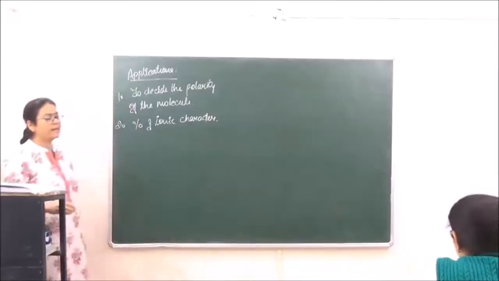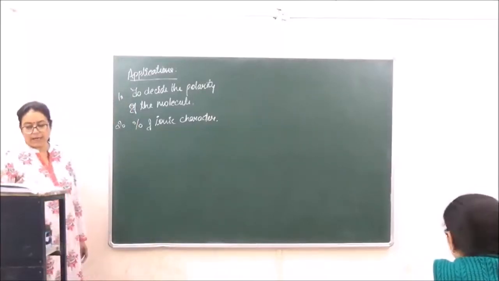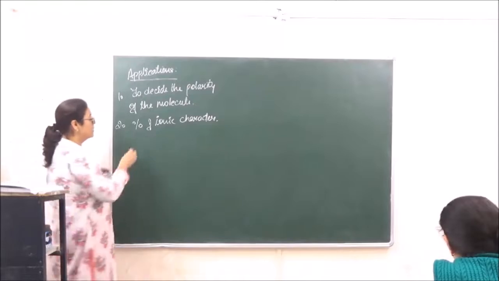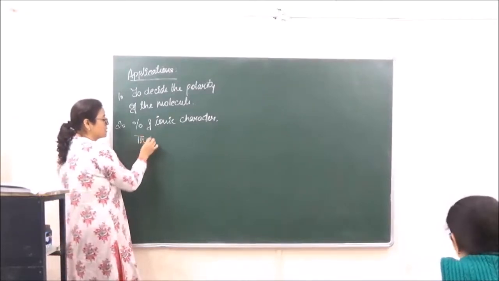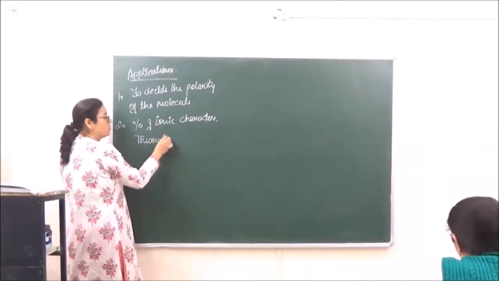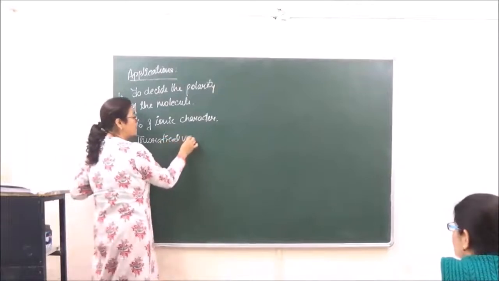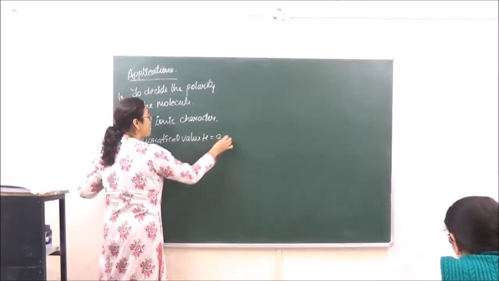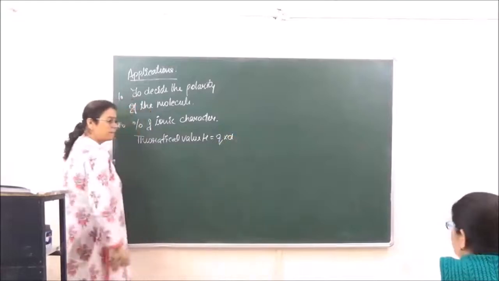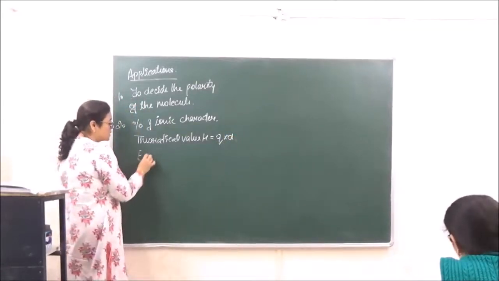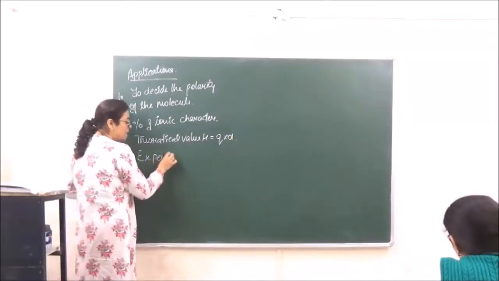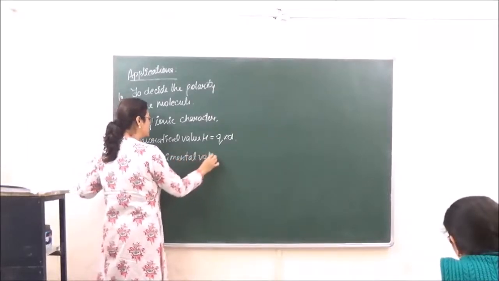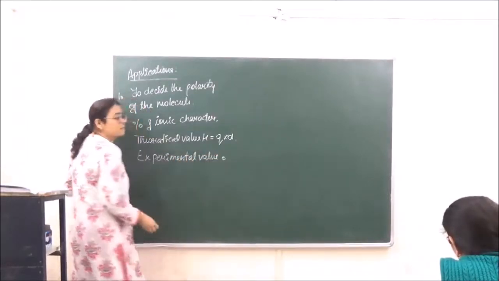Okay? Then number 2, it also helps us to calculate the percentage of ionic character in a molecule. For the percentage of ionic character we have to know two values. One is the theoretical value of dipole moment, which is calculated as Q into D, and the other is the experimental value, which is determined experimentally.